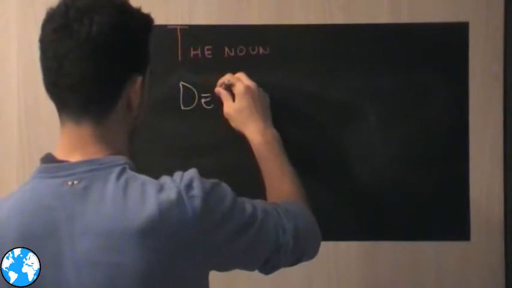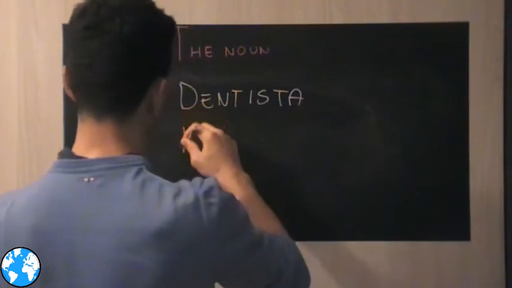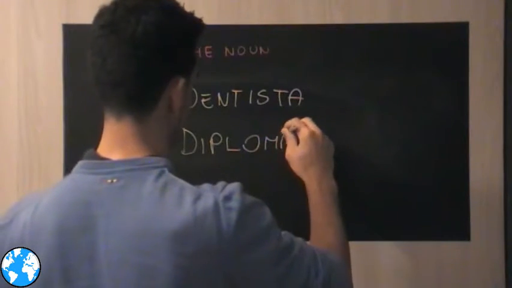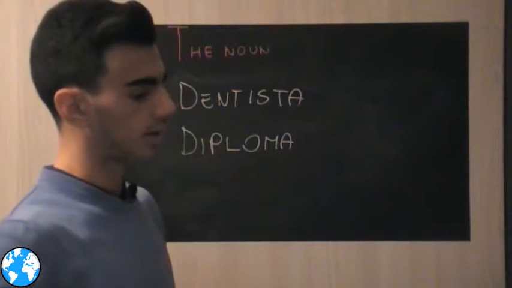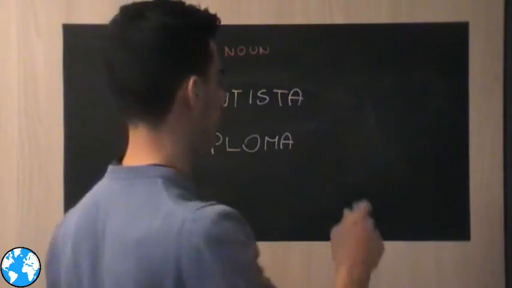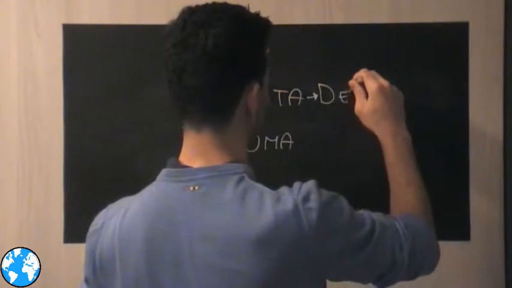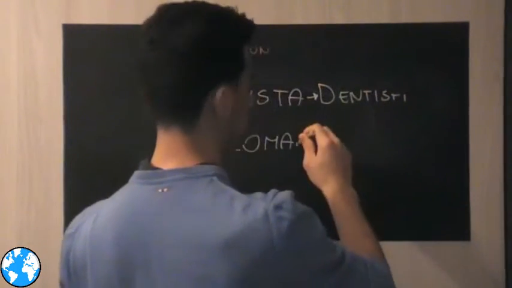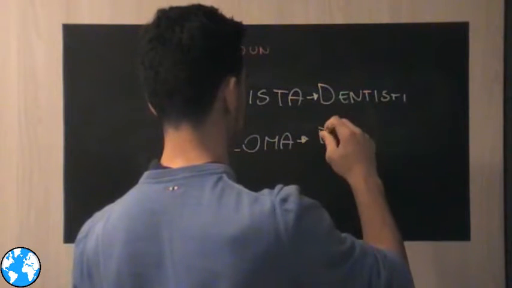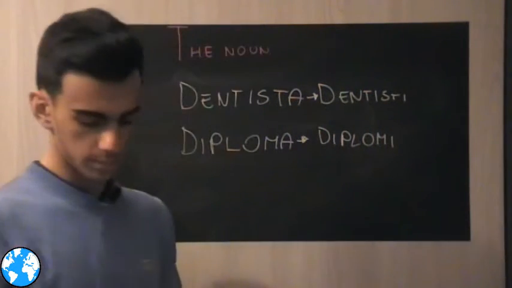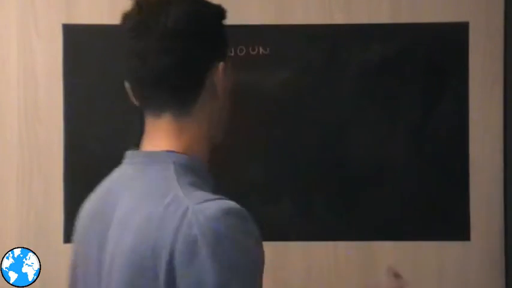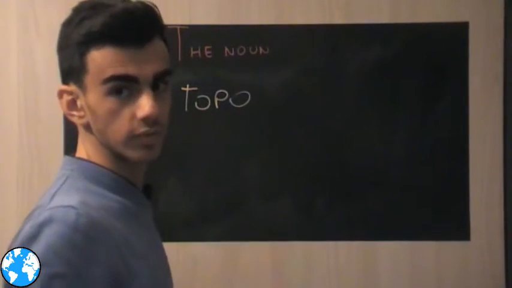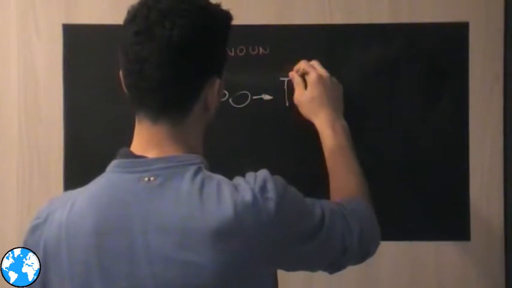So there are a lot of words that are of Greek origin, and the Greek origin words that end with ta and ma, for example, dentista, which is dentist, or diploma, which is degree, change their ending with an I, so dentista becomes dentisti, and diploma becomes diplomi.